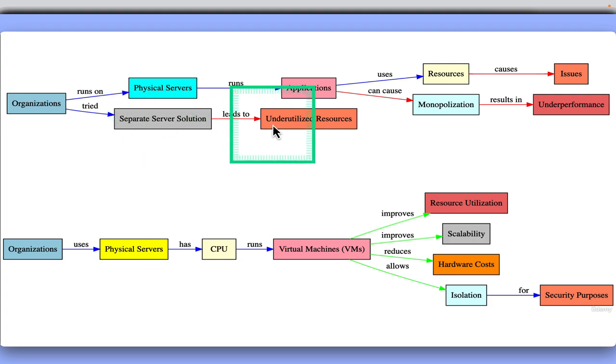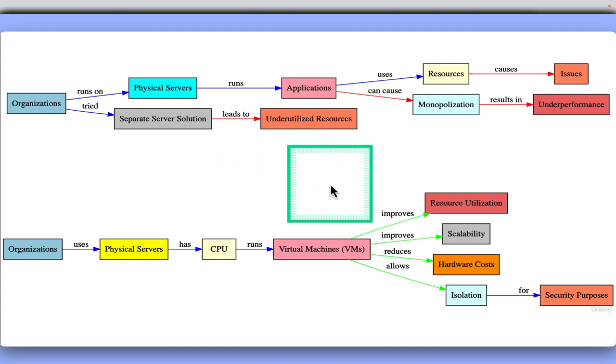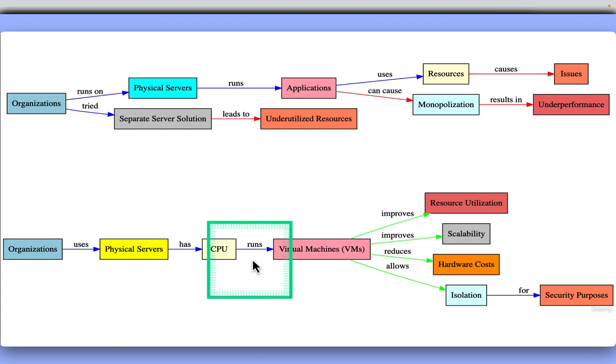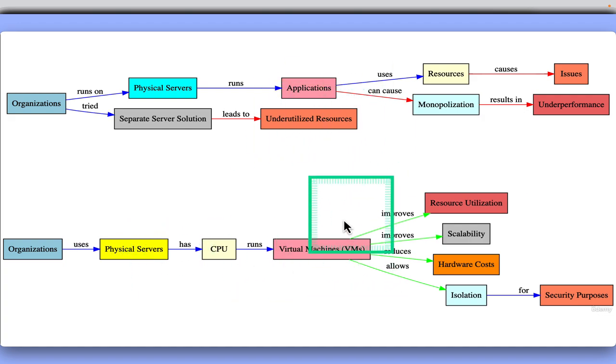So they tried a separate server solution, which sometimes leads to underutilized resources, because if you dedicate a physical server to every application, then you have a problem of either overutilization or underutilization with the physical servers. Then organizations started using virtual machines, which improved resource utilization, scalability and reduced hardware costs, and allowed isolation for security purposes.